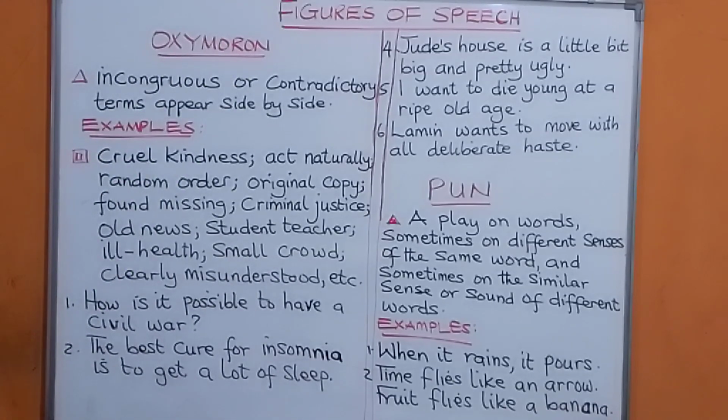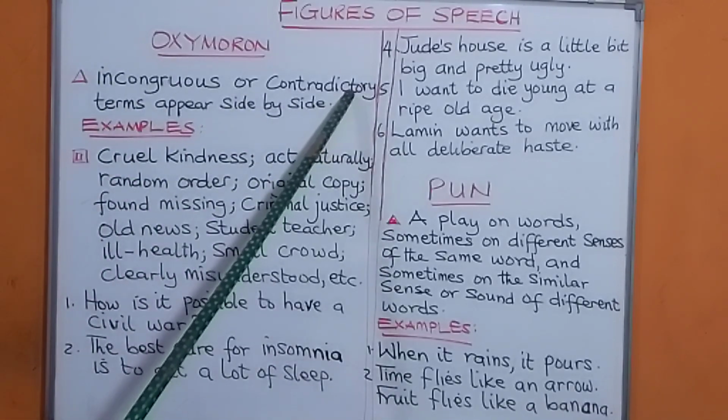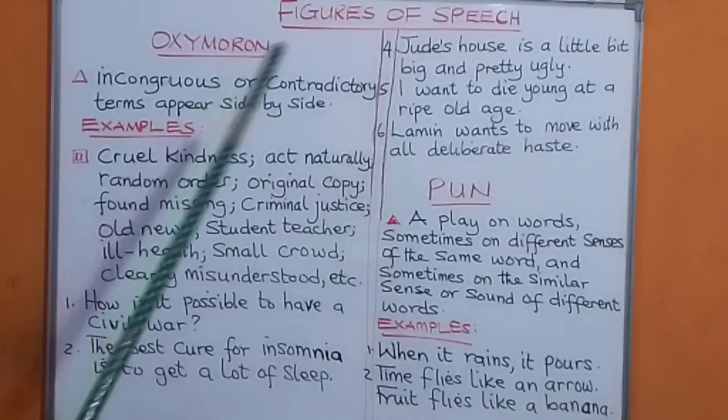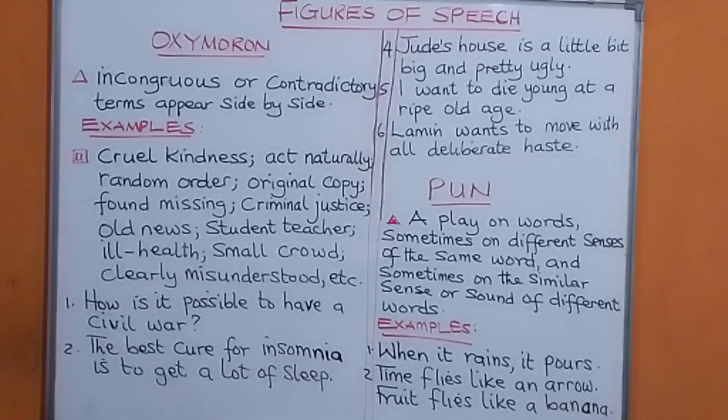What is oxymoron? Oxymoron is a figure of speech in which incongruous, that means contradictory terms, words that are opposites, appear side by side. They don't agree because they are opposing one another.